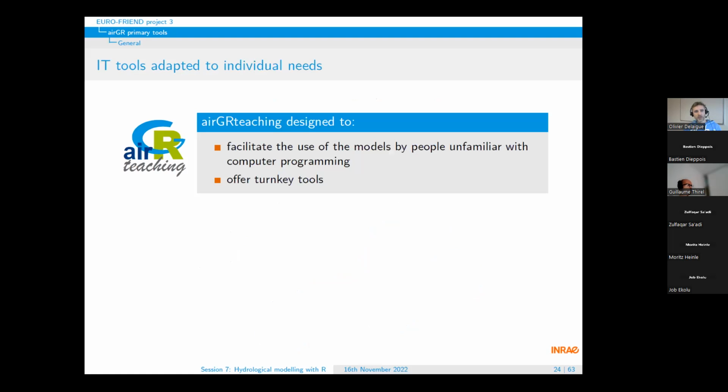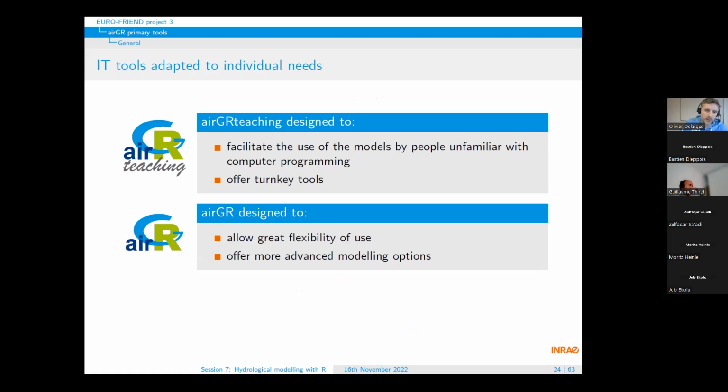These tools are quite similar, but adapted to individual needs. airGRteaching is designed to facilitate the use of the models by people who are unfamiliar with computer programming, and it offers turnkey tools, so it's developed especially for students.